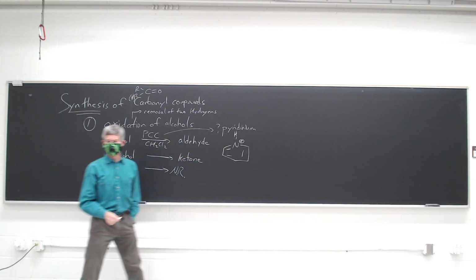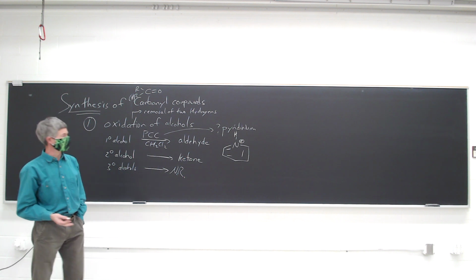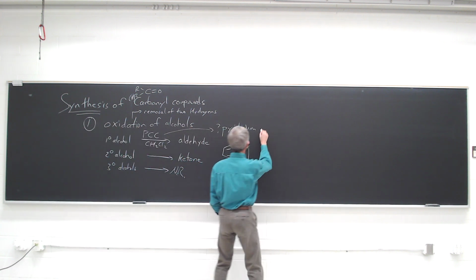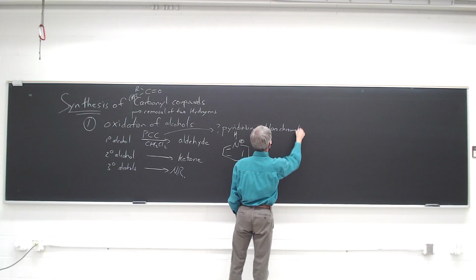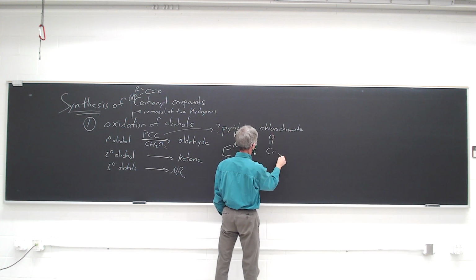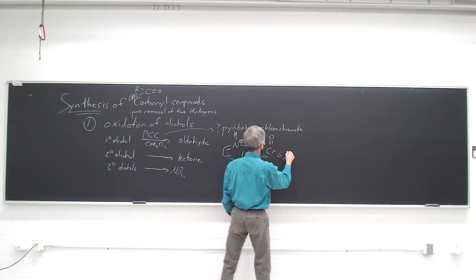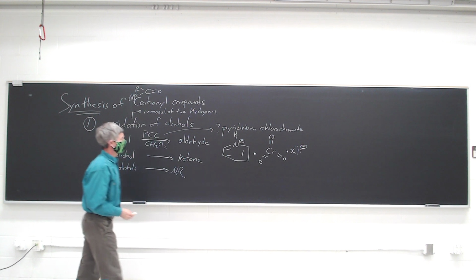The pyridinium ion is the conjugate acid of pyridine, which is the 6-membered ring with one nitrogen in it. And then chlorochromate. So what we have is that complex with chromium trioxide, and then also complex with a chloride ion.